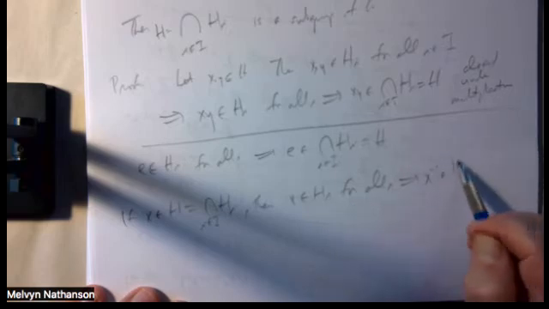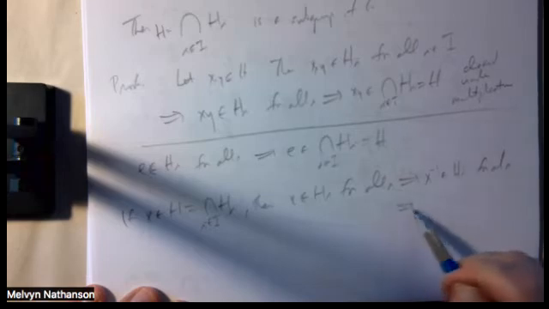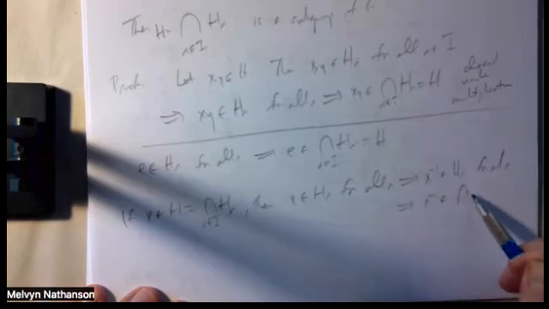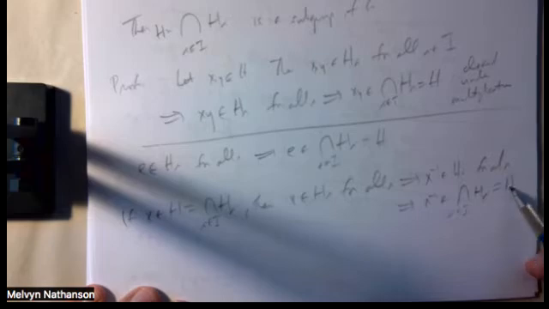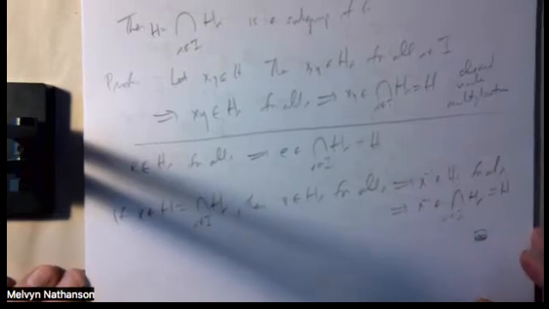So X inverse is in H sub I for all I. So X inverse is in the intersection of the H sub I's, which is H. So that's the end of the proof, because if I take the intersection of subgroups, it's closed under multiplication, it contains the identity, and it contains the inverse of each of its elements.